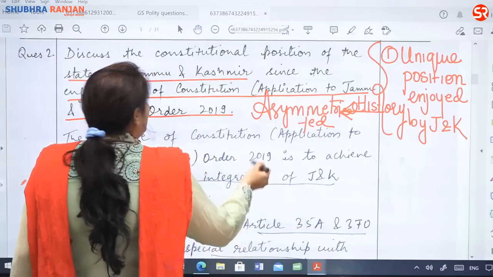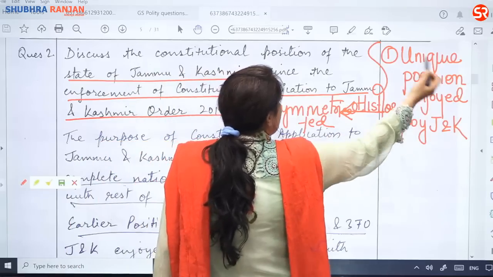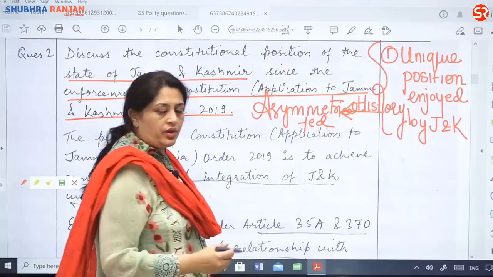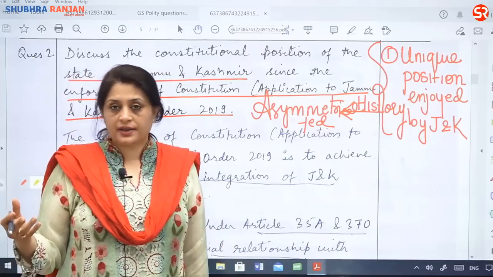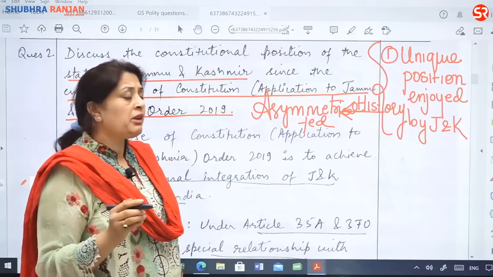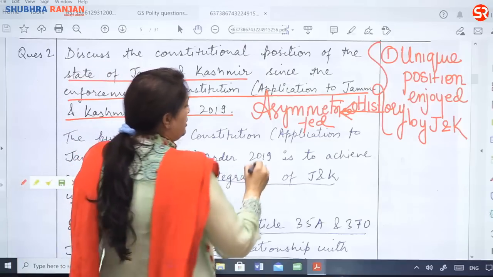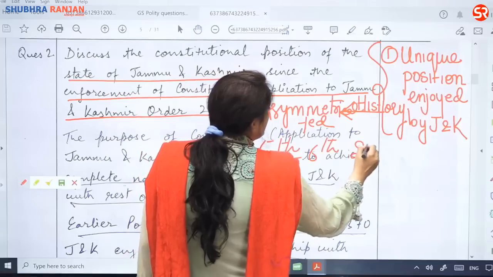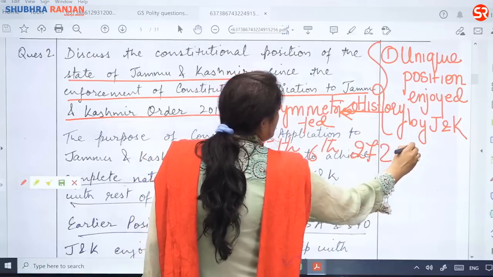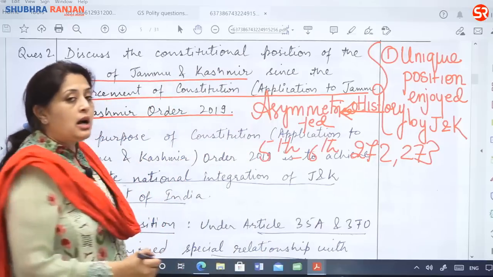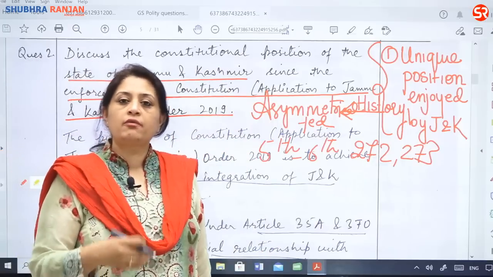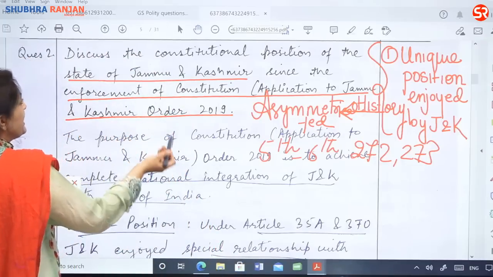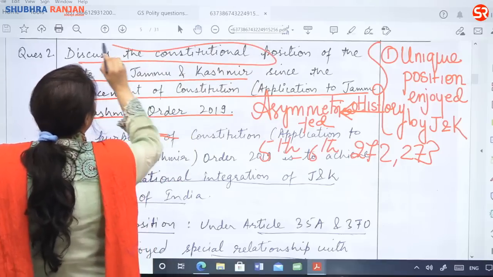So first we will discuss the unique position enjoyed by Jammu and Kashmir in India's asymmetrical federation, which gives enough flexibility, and then we will discuss the factors that led to the resolution or constitutional orders 272 and 273, after which what changes have happened in the state of Jammu and Kashmir. So this has been the main question: discuss the constitutional position.